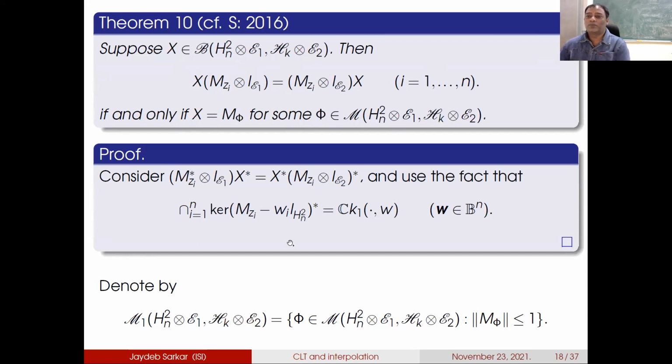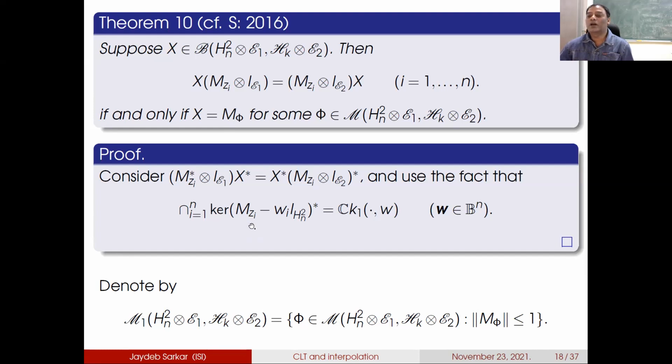As I said, it perhaps gives you a slightly easier proof, even in one variable, even in the setting of H infinity of D. The idea is simple. So instead of this, you take the conjugate and you get this, and then apply both sides to the eigenvector. And once you do that, use the property on the left side, H2n space.